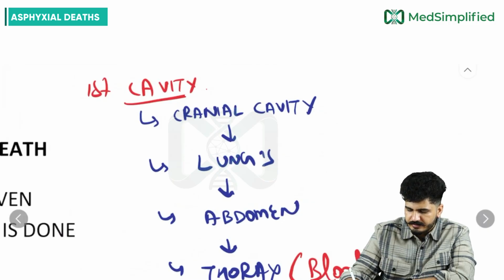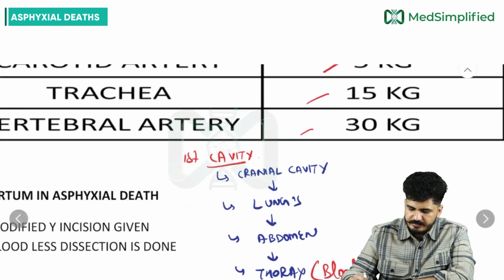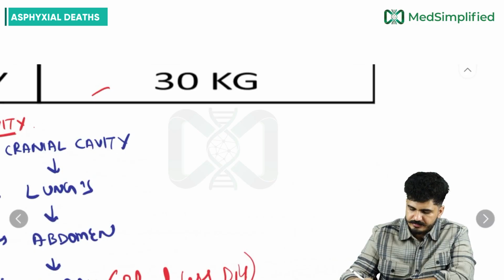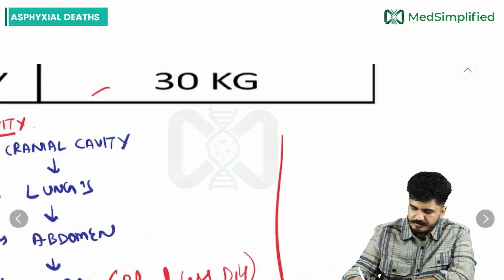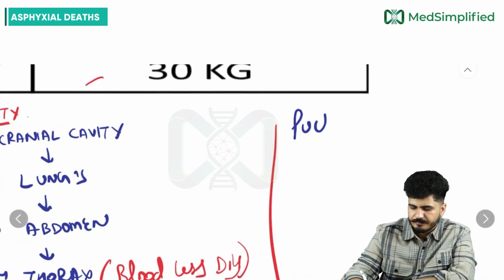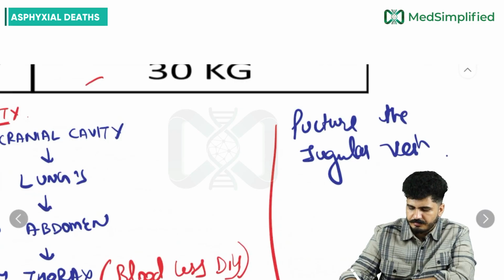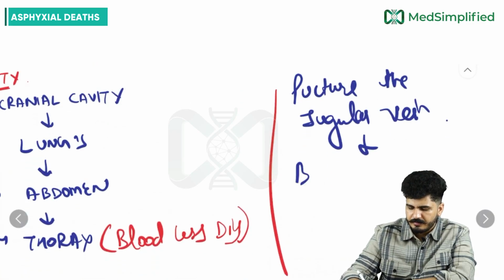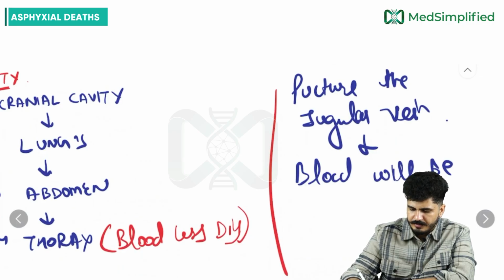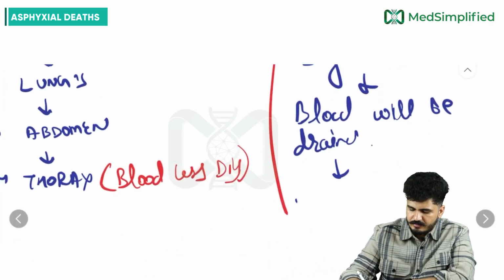Other method can also be there in which we puncture the jugular vein. Because of puncture of the jugular vein, blood will be drained and you will get the bloodless dissection.